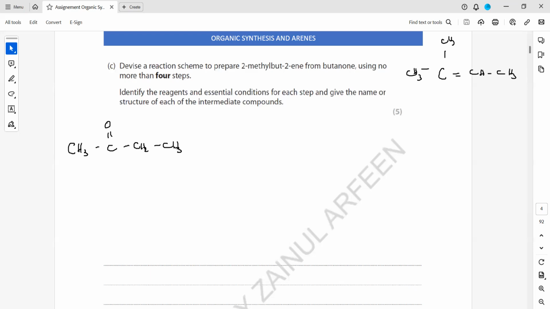Actually, it's like making that into a Grignard reagent. So first, for example, we add bromomethane or chloromethane, plus magnesium powder, and it will turn into a Grignard reagent.